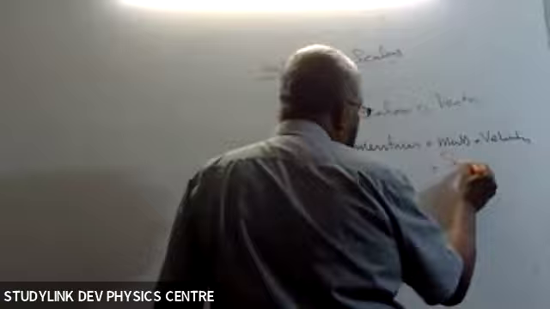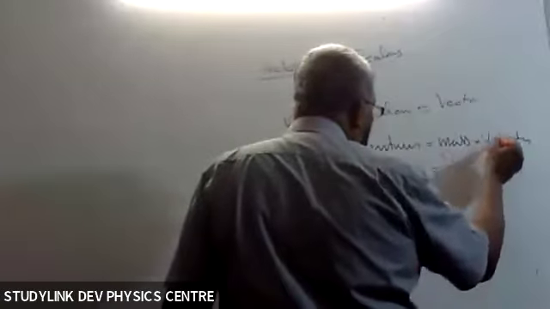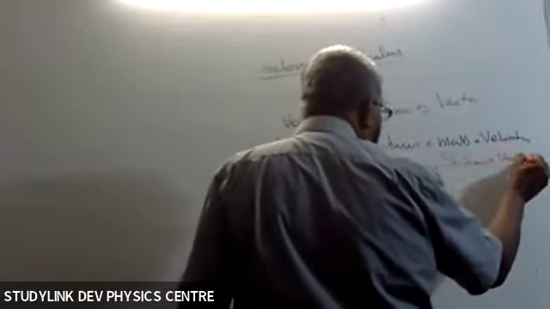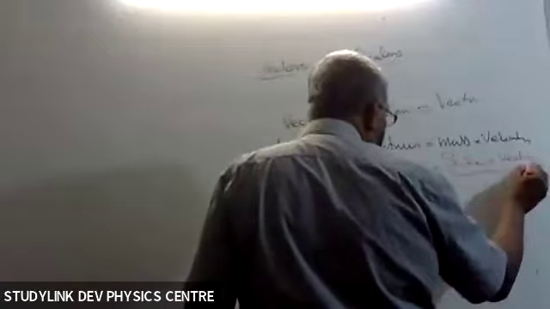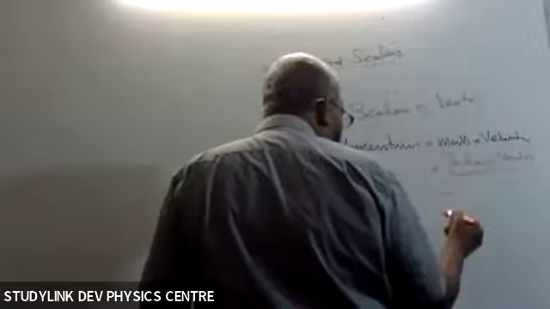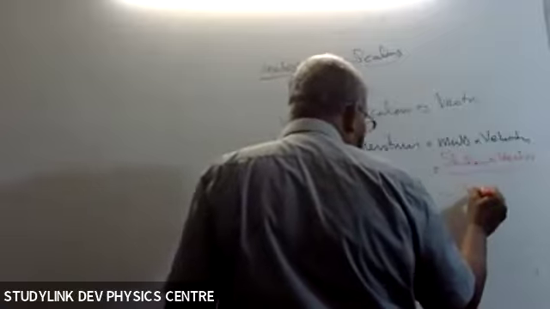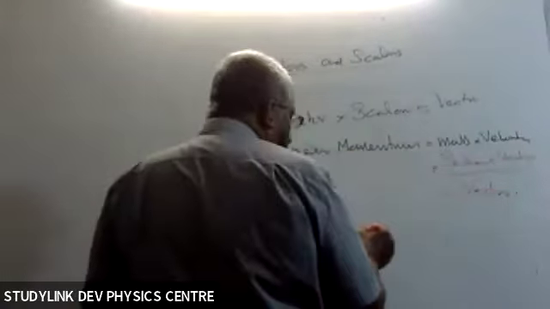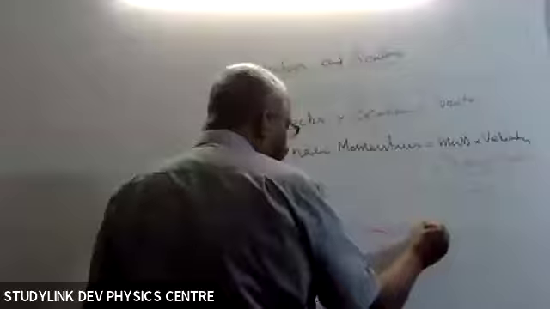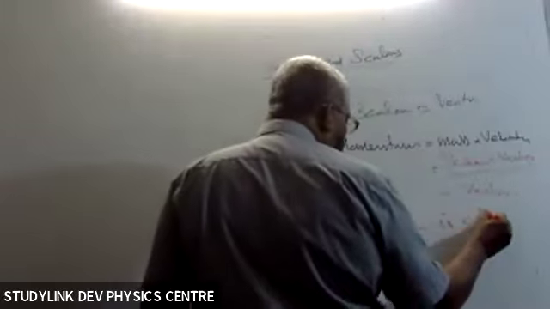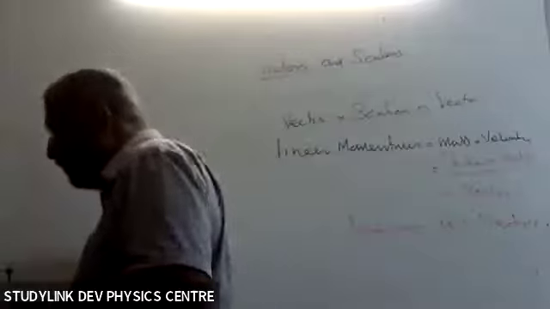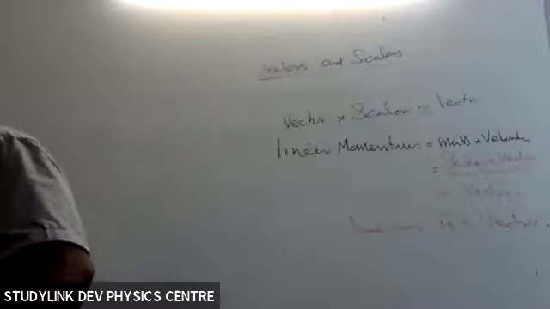So mass is a scalar, then velocity is a vector. Scalar into velocity vector is a vector. So therefore, linear momentum is a vector.